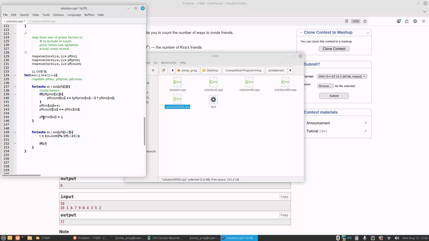If PFT prior SS. Yeah, this is just updating that. If it sets it to i, then this will just be 0, so it doesn't matter.